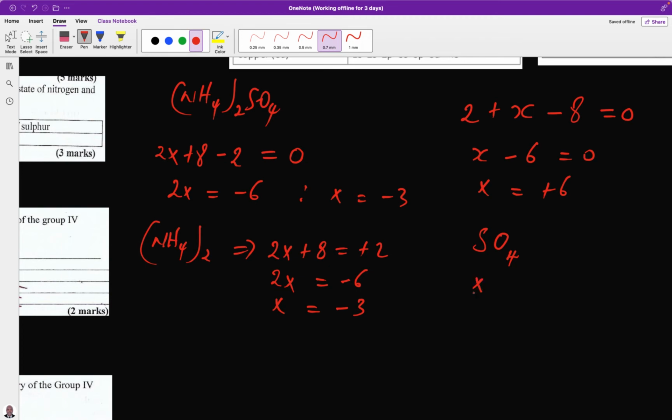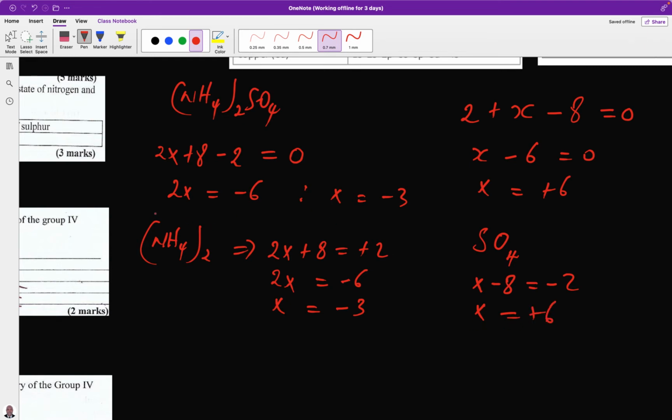Oxygen is -2, so -2 times 4 is -8, which equals the oxidation state for the sulfate radical, which is -2. Now x will be equal to +8 minus 2, which is +6.